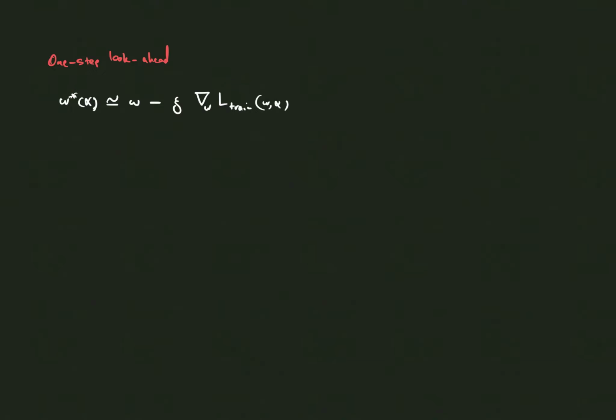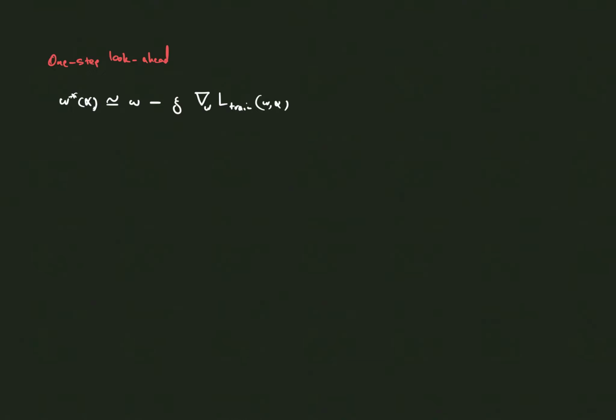What that means is that you approximate the optimal set of parameters given, let's say, a specific set of hyperparameters alpha. So omega star of alpha will be approximated by one-step gradient descent applied on omega. So omega here was not necessarily a function of alpha, because we're just doing one step of jointly optimizing omega and alpha. So we have omega, we have the L train, which we were using in order to optimize omega.